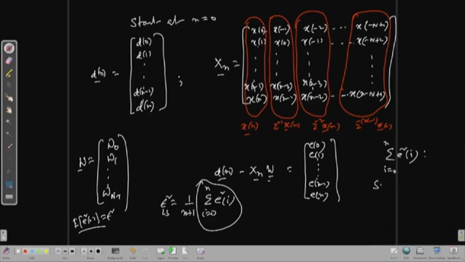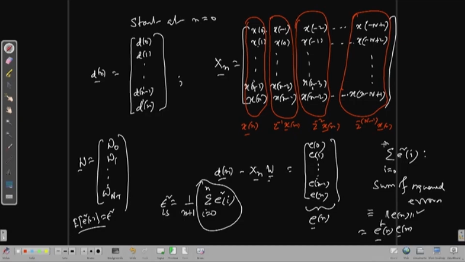It is called sum of squared errors. Every error is squared and then summed. We will minimize this with respect to the filter weights. But this is the same as, if I take this vector as En vector, nothing but the norm square of this, that is En transpose En.